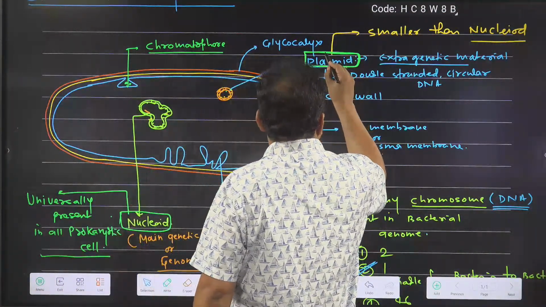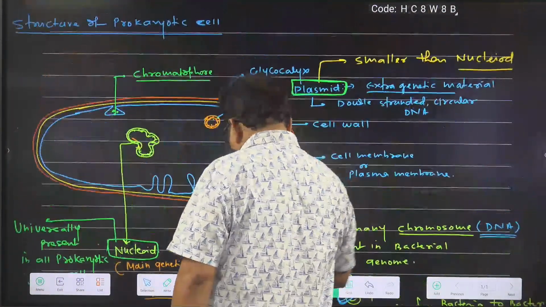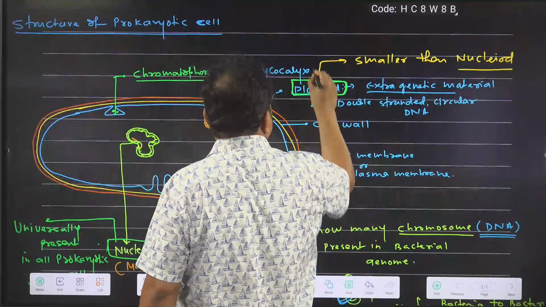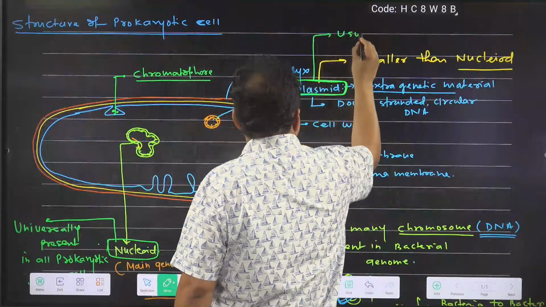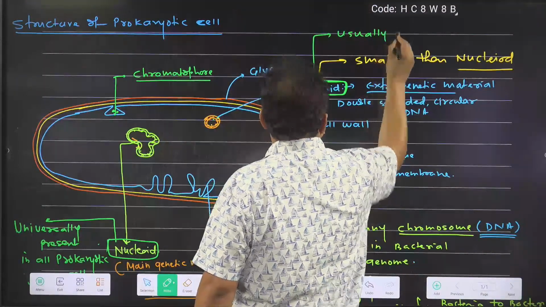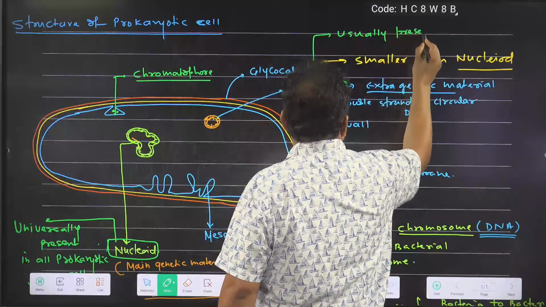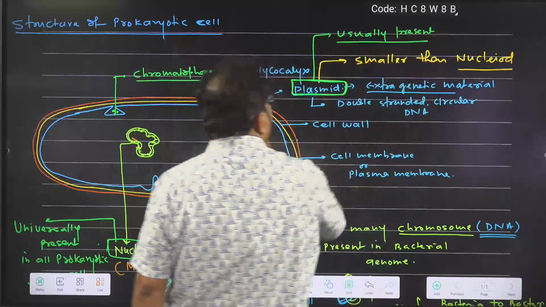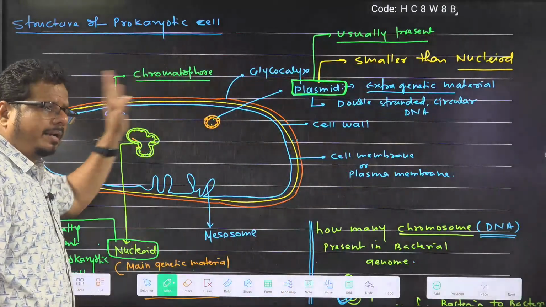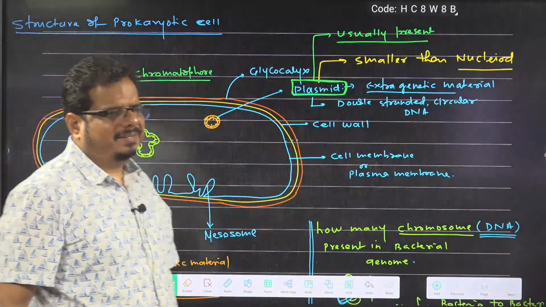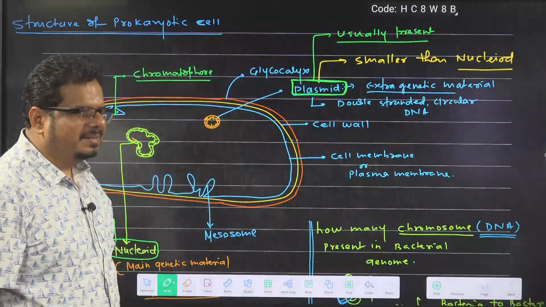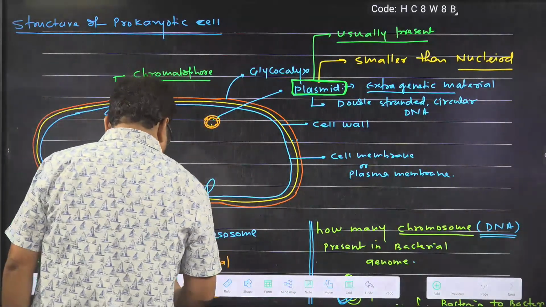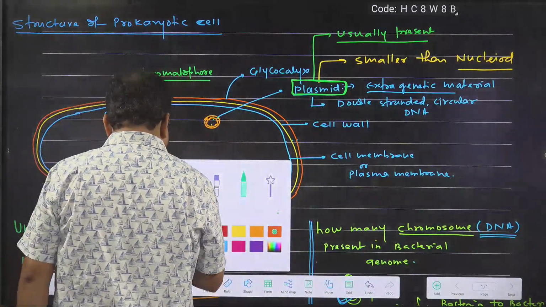But plasmid is usually present, mostly present but not compulsorily. In most bacteria plasmid is there, but you cannot say that in every bacteria plasmid is compulsorily there. Are you getting the idea? So you got the basic difference between nucleoid and plasmid.